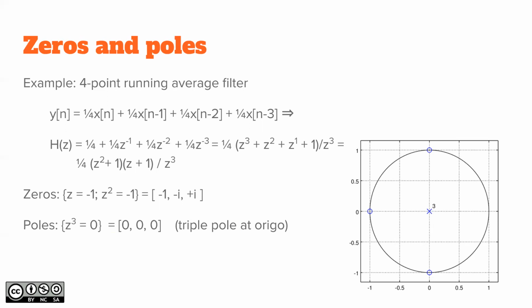This polynomial has that one as a special point. Then that polynomial is 0 when Z squared is minus 1, which means j and minus j. And then the denominator polynomial has a third degree zero at the origin. All terms explained.